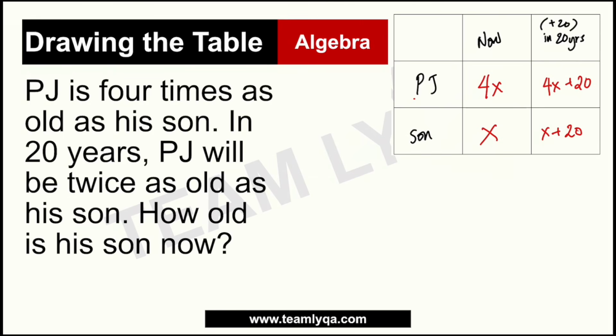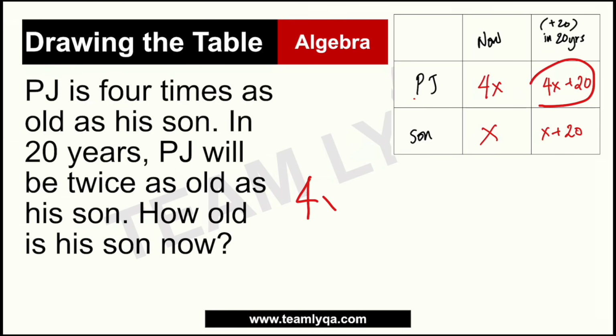Now, ang goal natin ngayon, hanapin yung equation. Nasaan siya? Ang sabi dito, PJ is 4 times as old as his son. Na-drawing na natin yan. Ang next sabi, in 20 years, so that would be here, PJ will be twice as old as his son. So, yung edad daw ni PJ in 20 years, that would be this.